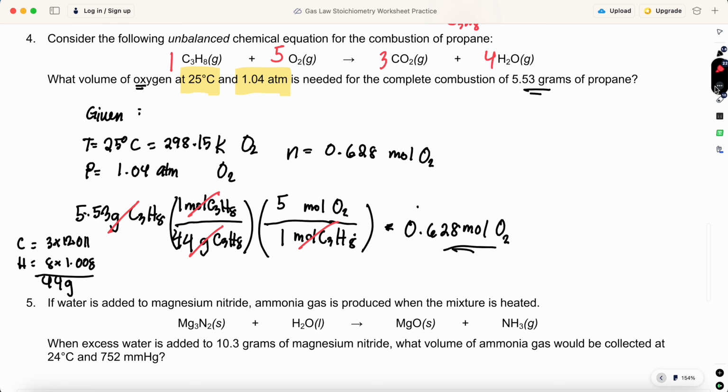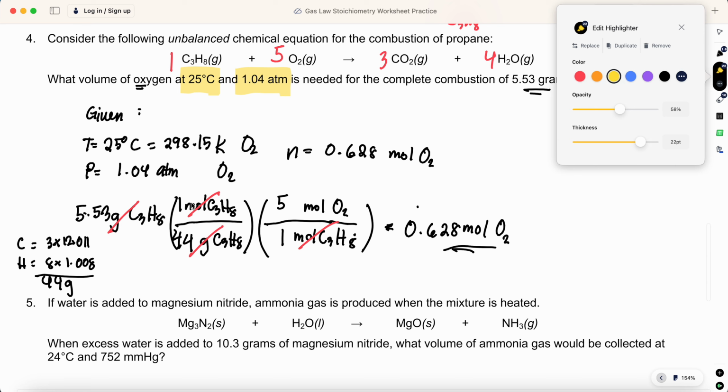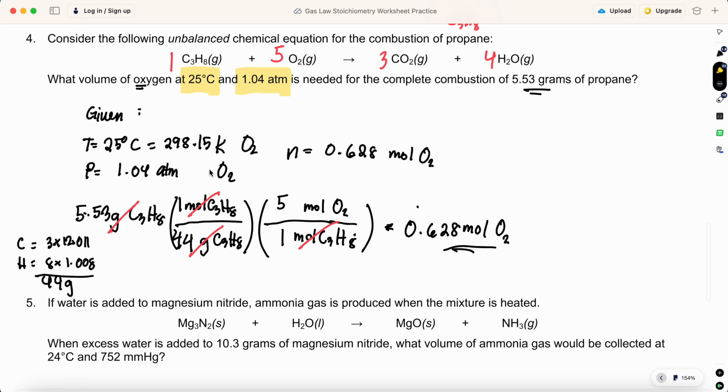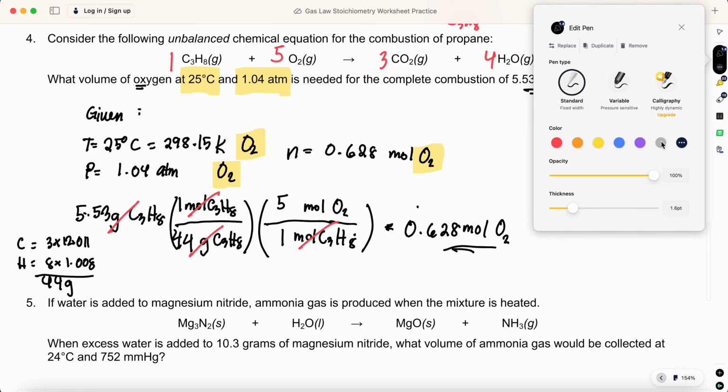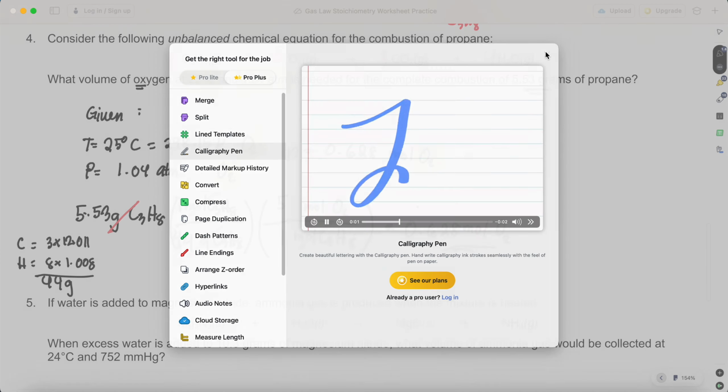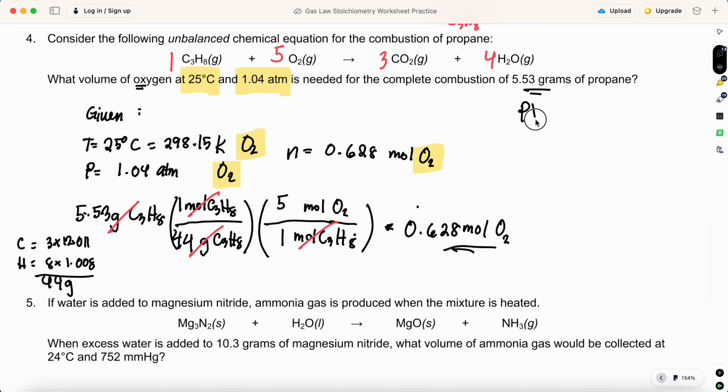So notice that we have everything we need to use for the ideal gas equation. We have P of O2, T of O2, and n of O2. So you should recall that the ideal gas equation is PV equals nRT, and we're looking for the volume of oxygen.